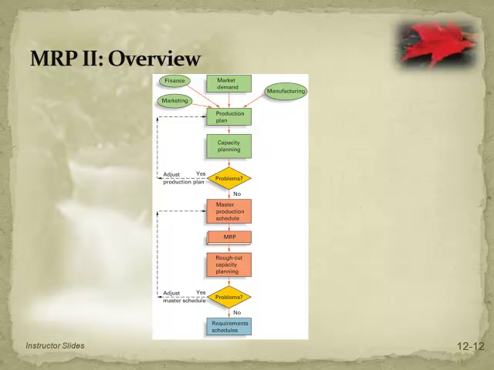So not only do we want to have an MRP plan that's linked to the business plan, but we want to make sure that it is capacity feasible. Capacity feasible, that is, that we have enough material, enough employees, enough machine capacity to be able to do the plan.